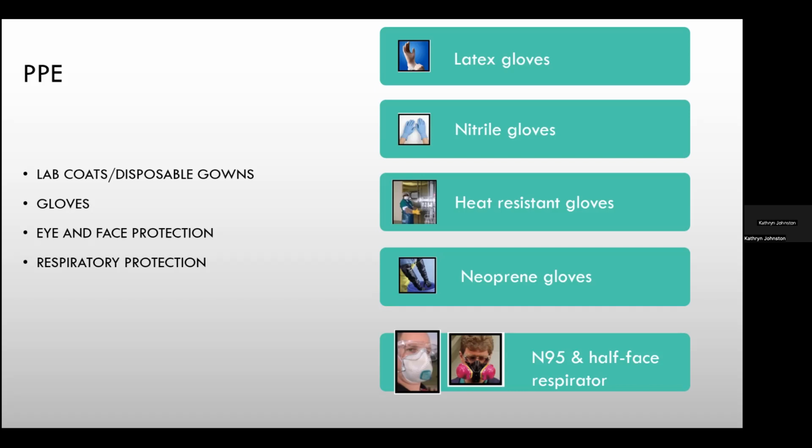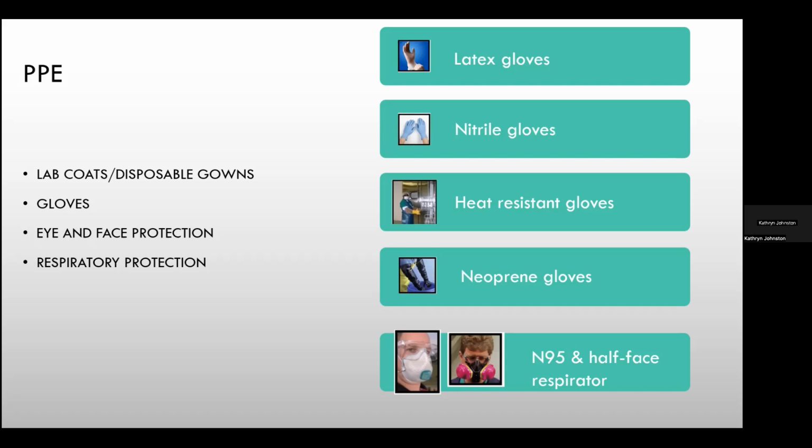Leather gloves are often found in construction areas, but also in areas where people are working with a lot of glass, because they're puncture resistant. Neoprene gloves are synthetic, and they're highly liquid proof and chemical resistant, and they're great for specialized chemicals, especially when you're working with acids and solvents.